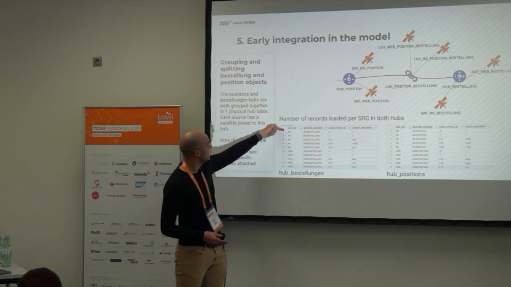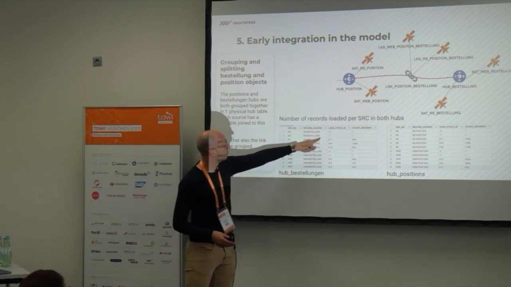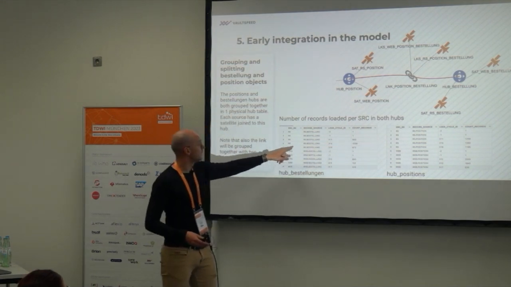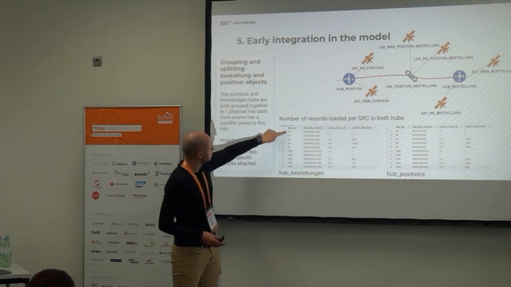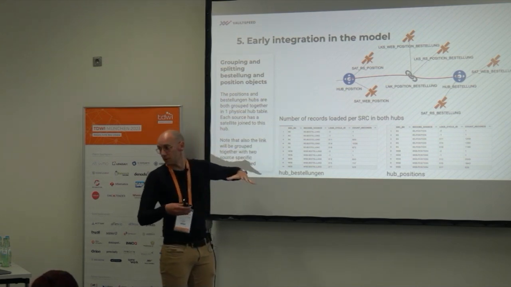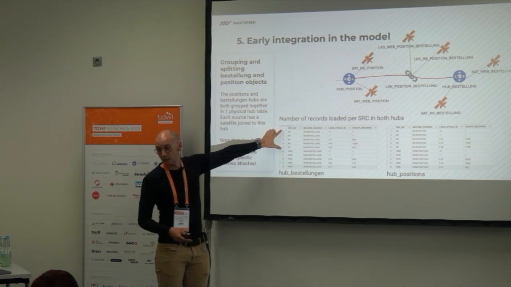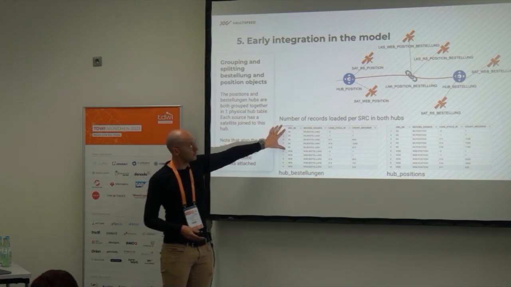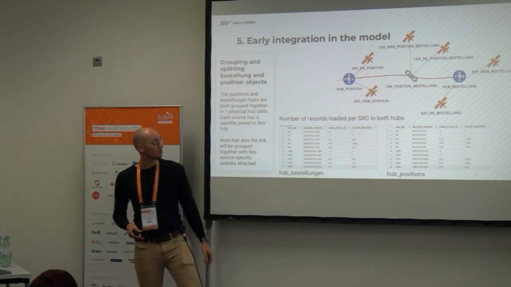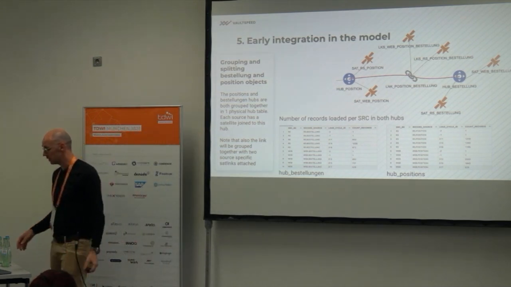Here the different load cycle IDs are indicated, the number of records that were loaded in each cycle, and also the source BK. The hub contains all the records, but using this source business key collision code, you can still see from which source this record was loaded, and you also get a record source that tells you basically the same thing in this case.